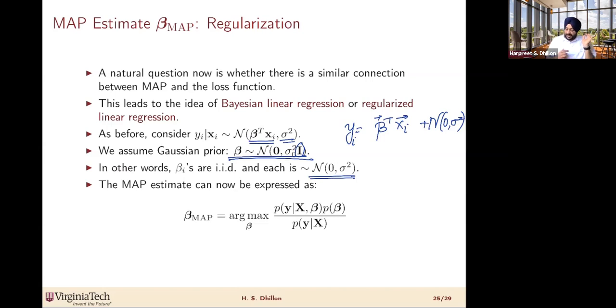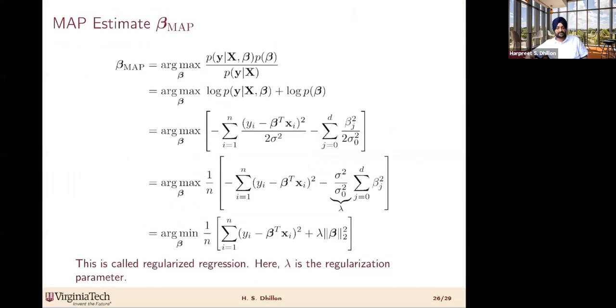Now, the MAP estimate is just maximization over the posterior. So let's see what that does in this specific case. I'm not going to write all this, but I'll just go through the steps which are already written one by one. So we have a posterior here. We have already played with this term in the previous example.